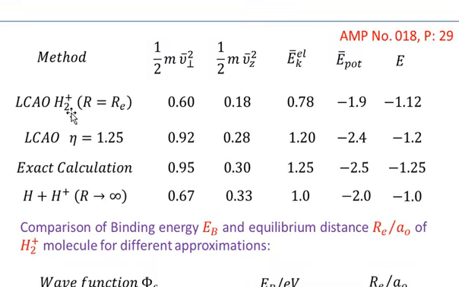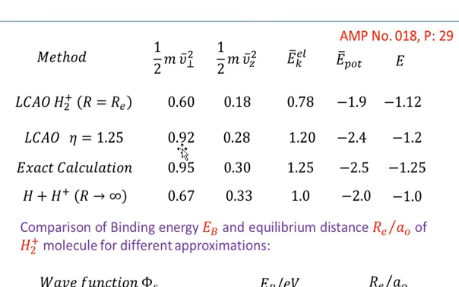For example, for the LCAO H2 plus ion at R equal to Re, you can see the values 0.6, 0.18, 0.78, minus 1.9, and minus 1.12. For the LCAO with eta equal to 1.25, I have the value of 1.92.